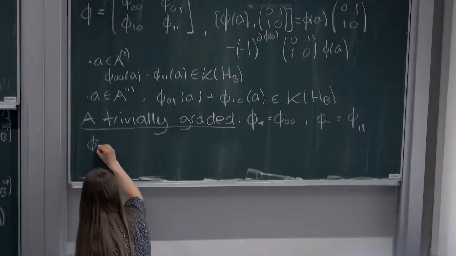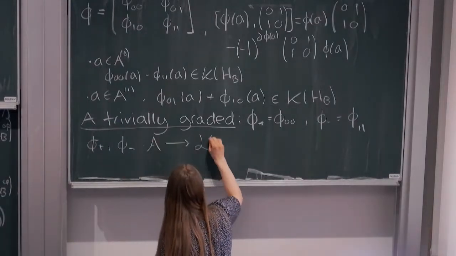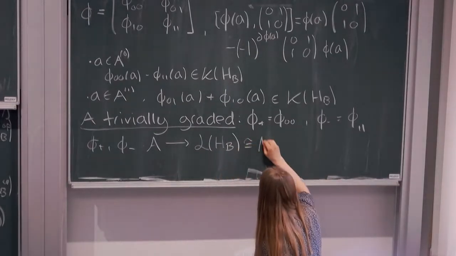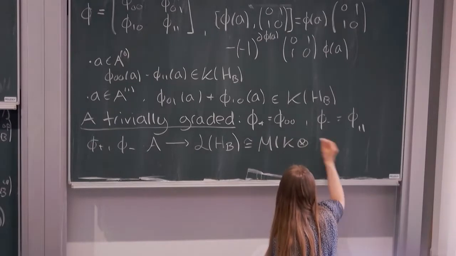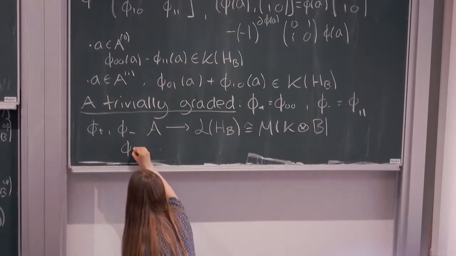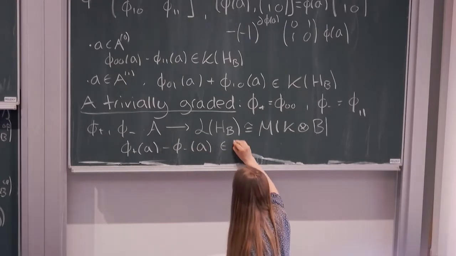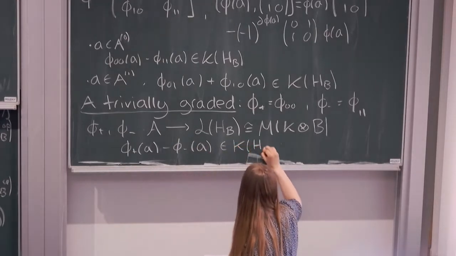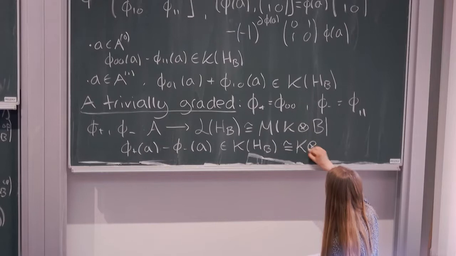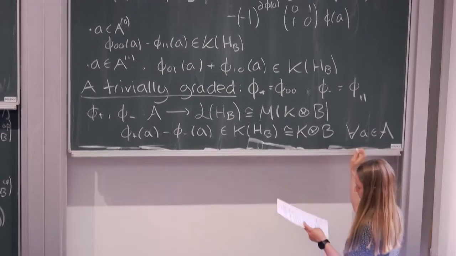So we get, of course, that phi plus and phi minus are maps from A to L of HB, which we can also see as the multiplier algebra of K tensor B. And we have that phi plus of a minus phi minus of a has to be in K of HB, which is isomorphic to K tensor B, for all a in A.